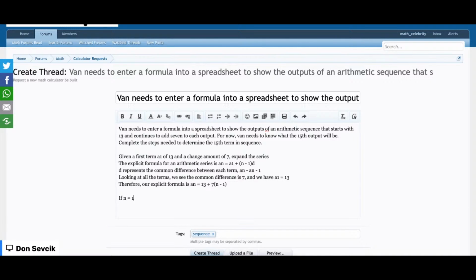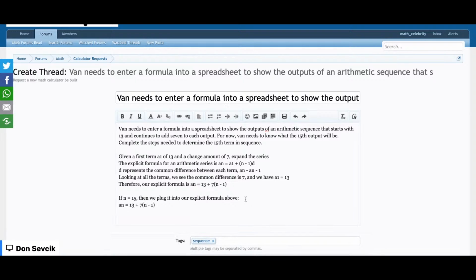If n equals 15, then we plug it into our explicit formula above. Now I want to stop here because in case you're new to sequences or you're wondering what the heck I'm doing, if we start with a constant term and we change by 7, that's called an arithmetic series or sequence.